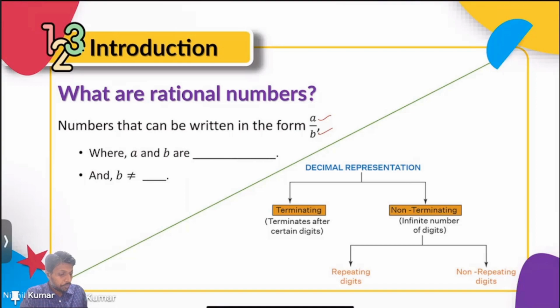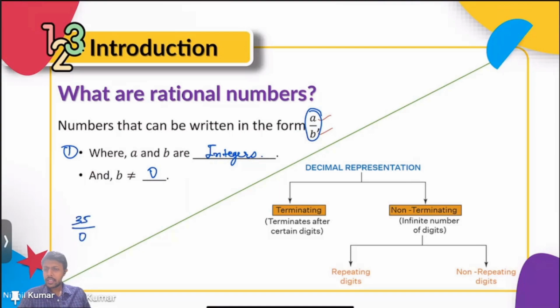Can you tell me? The first condition is that a and b are integers, and b cannot be equal to 0. If b is equal to 0, then this number, whatever you write, is undefined. Think of a number like 35 upon 0.